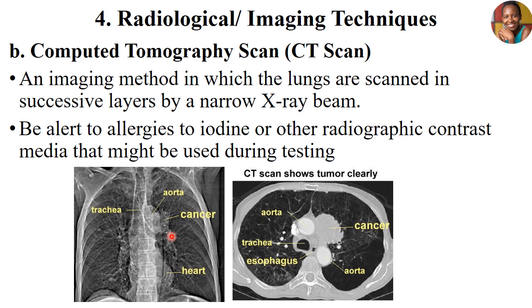But with a CT scan, you can successively explore this cancer tissue, how much it has spread out, the size, the appearance, and if it's pushing on the structures around it, and so on. So you can see in this CT scan here, it can show the tumors clearly. The main issue with CT scan is you basically need to confirm if your patient has allergies or is reactive to the radiographic contrast medias.